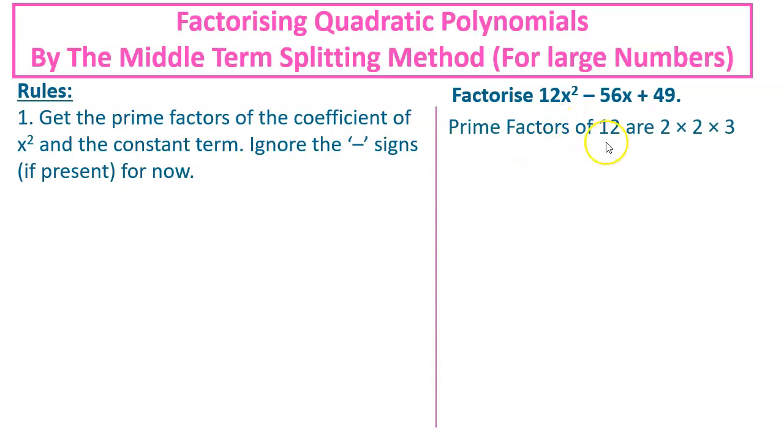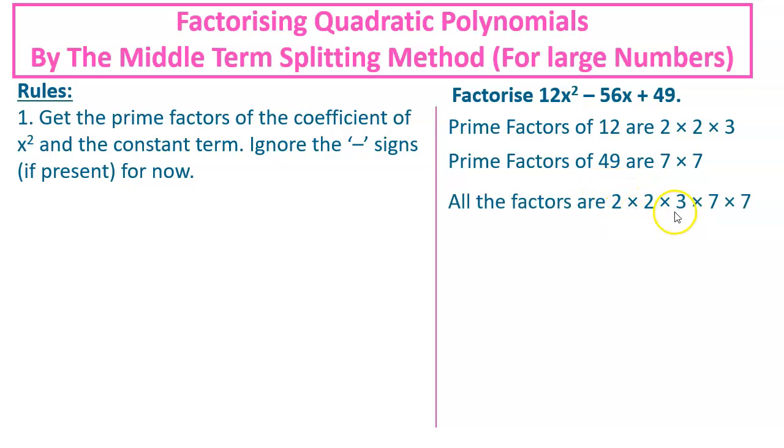So the prime factors of 12 are 2 times 2 times 3 and the prime factors of 49 are 7 times 7. Let us write all the prime factors together. They are 2 times 2 times 3 times 7 times 7, and over here I did not do anything. I have just placed the two sets of prime factors side by side, and I see they are arranged in ascending order.